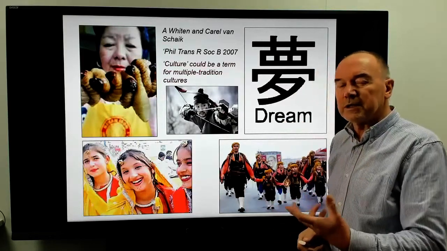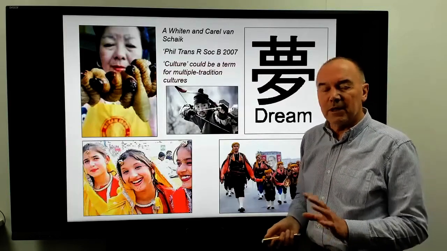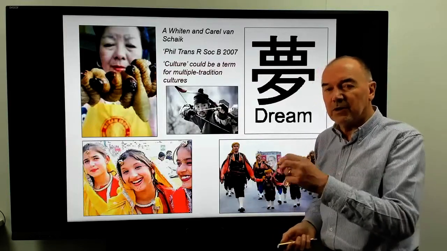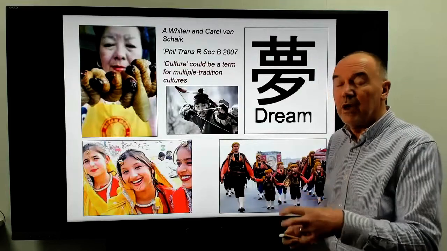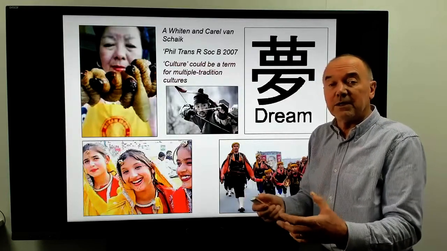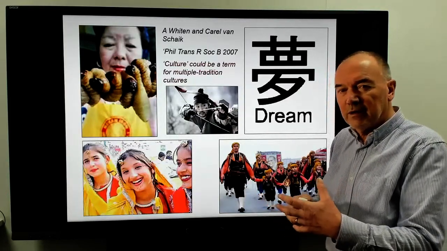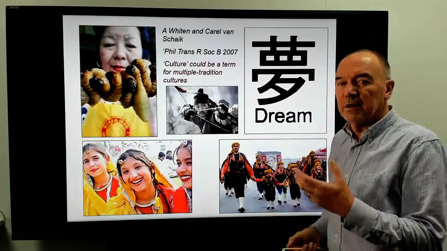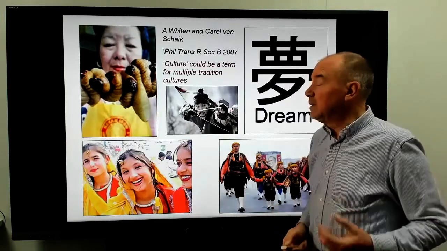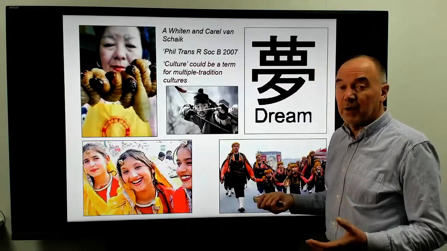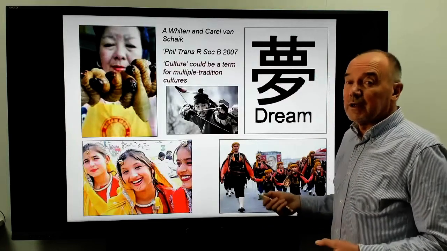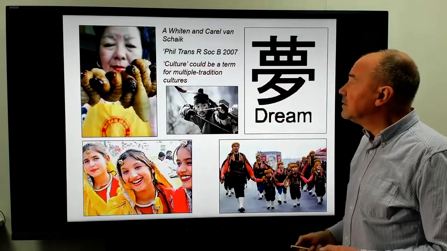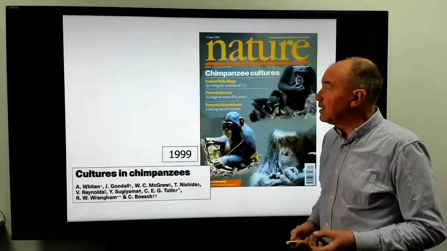And in the original studies that I've already talked about in animal behavior, like the bird song or the Japanese potato washing, one tradition was identified, but it wasn't necessarily a multiple tradition culture. But these have been found, and this is the second reason really why Van Schaik and I suggested this notion: that we were studying great apes.